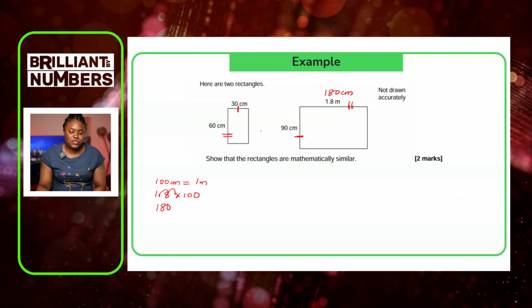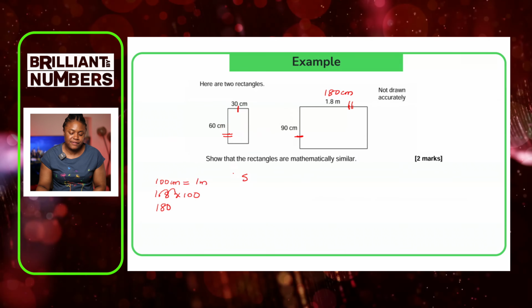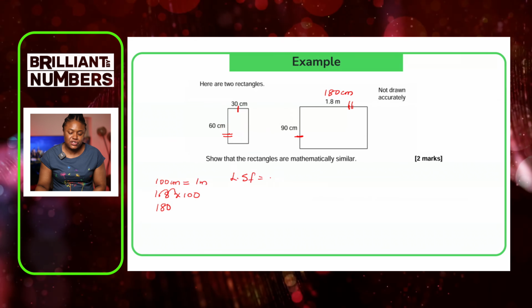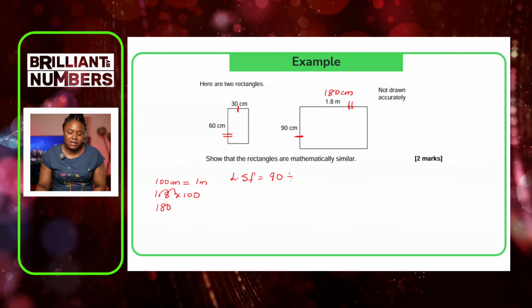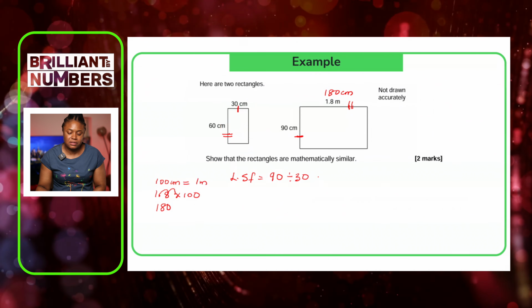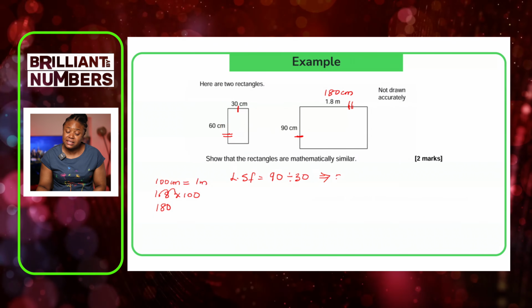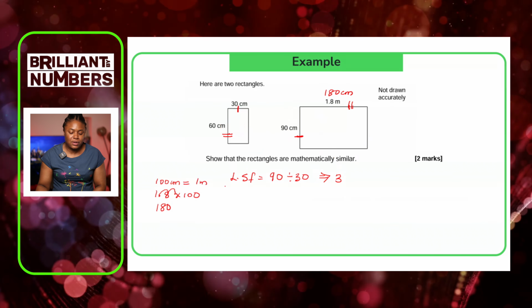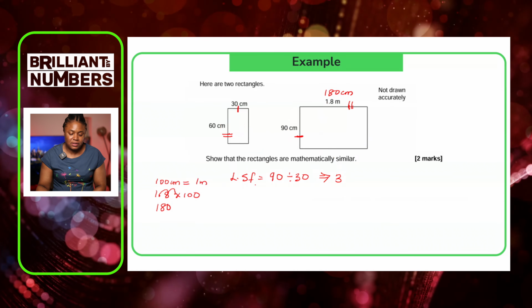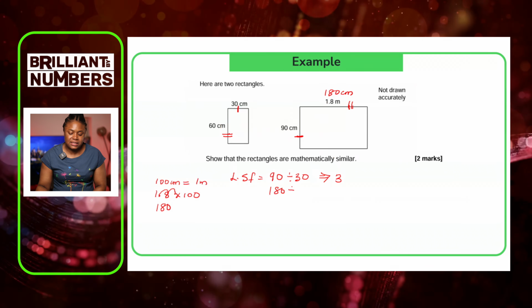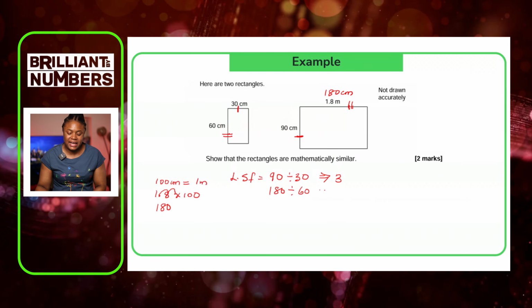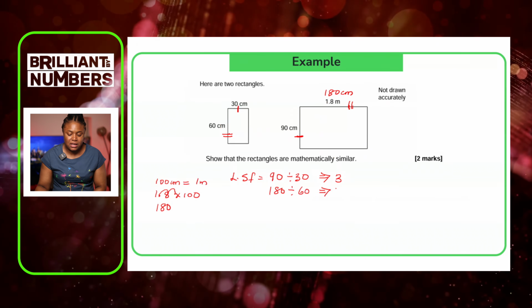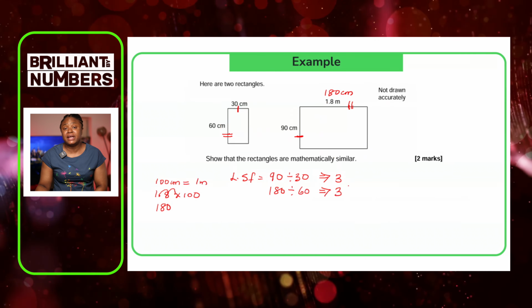However, if they're not the same, then they are not similar at all. So let's go. We're going to do scale factor. 90 divided by 30 gives us 3. Let's see if the other pair is also 3. Now we need to do 180 divided by 60. 180 divided by 60 is also 3.